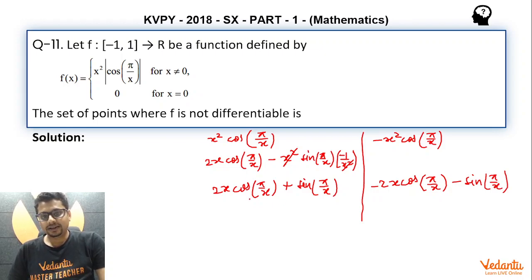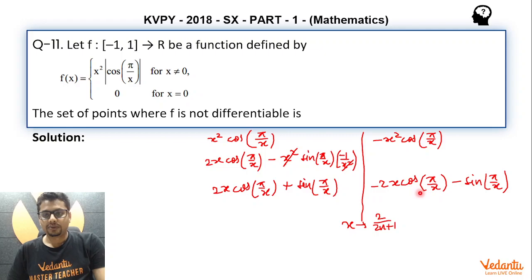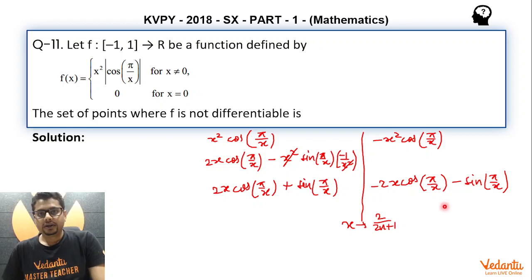Now one side derivative would have this expression, another side derivative would have this expression, and as you put x tending to 2 by 2n plus 1, the cos term in both cases would become 0, and the sine terms would be of opposite sign. In fact, the input to sine is an odd integral multiple of pi by 2, so it will either be 1 or minus 1.